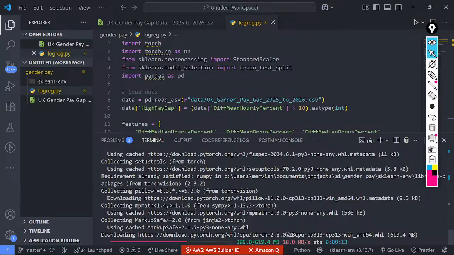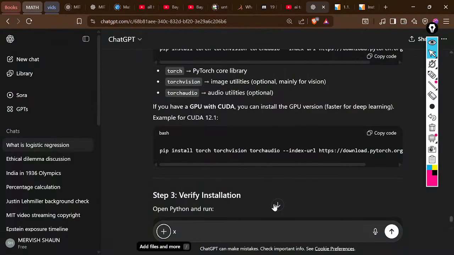Bro, 600 MB, man. I ain't that rich, bro. I ain't that rich.